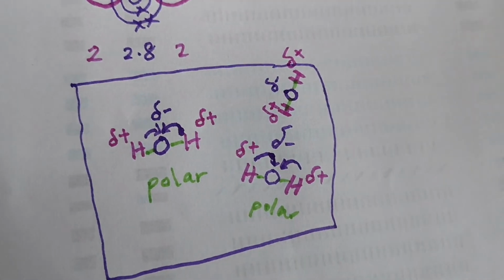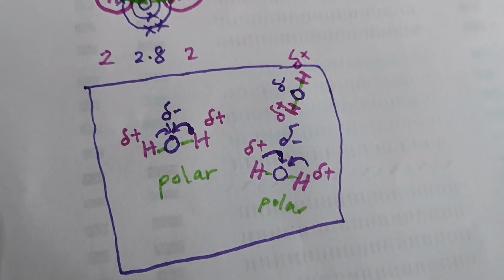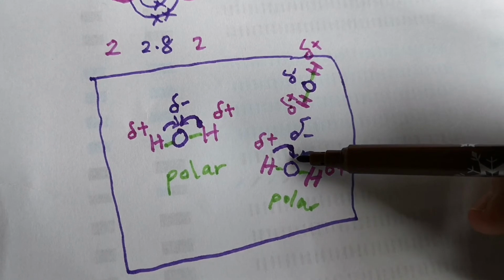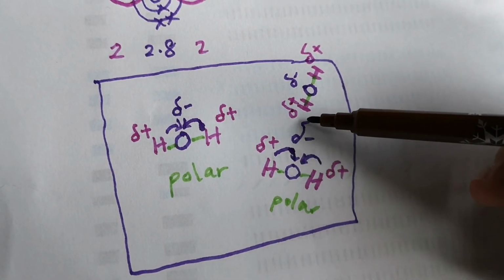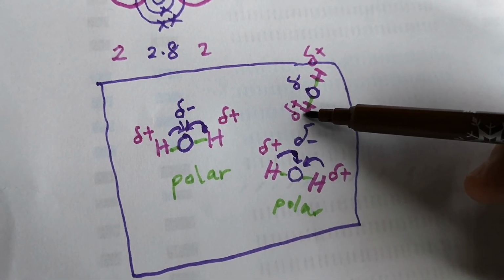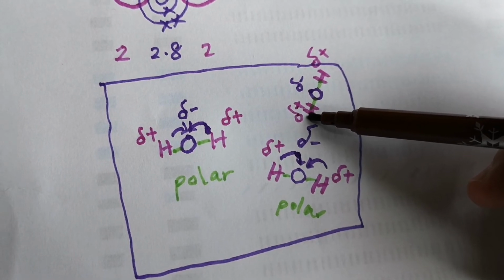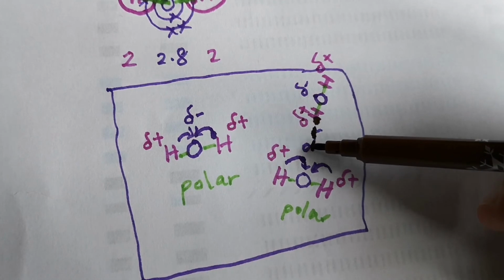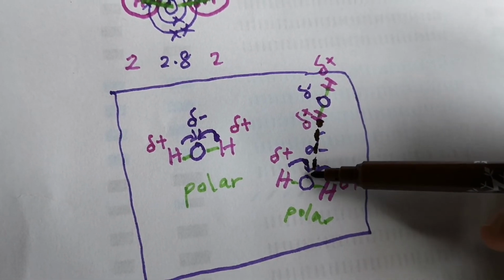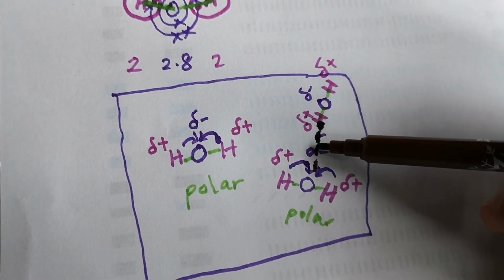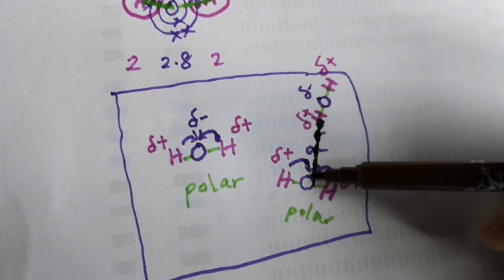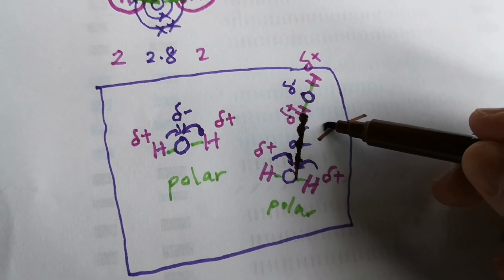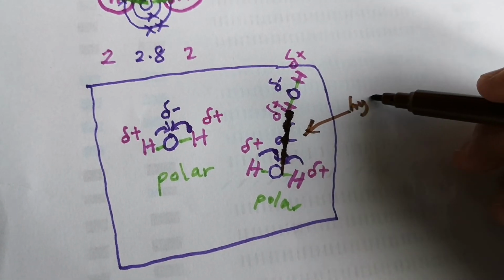Okay, so now let's see. This is slightly positive, and this is slightly negative. So there will be an attraction between this slightly positive and this slightly negative. Positive and negative. Now this is called the hydrogen bond.